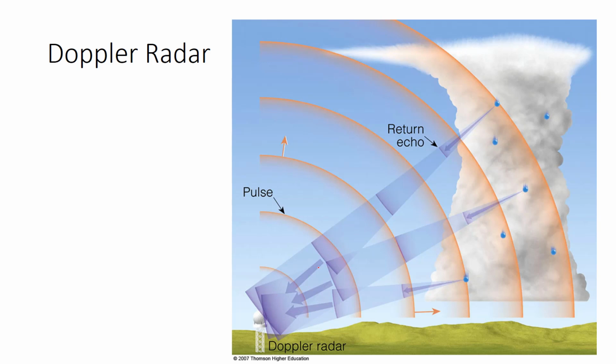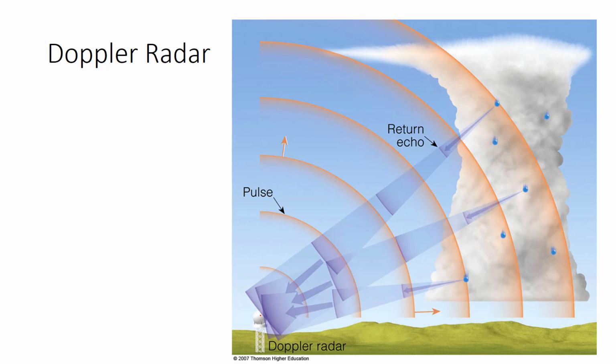And then that pulse, as it's traveling outwards, it's a certain frequency designed especially to be sensitive to raindrops. Then the pulse hits all of the raindrops and bounces back in what's called a return echo. That same device that sent out the pulse also is a sensor for those return echoes.